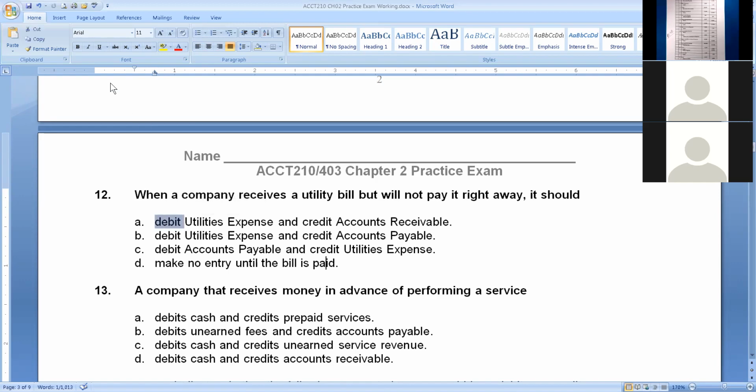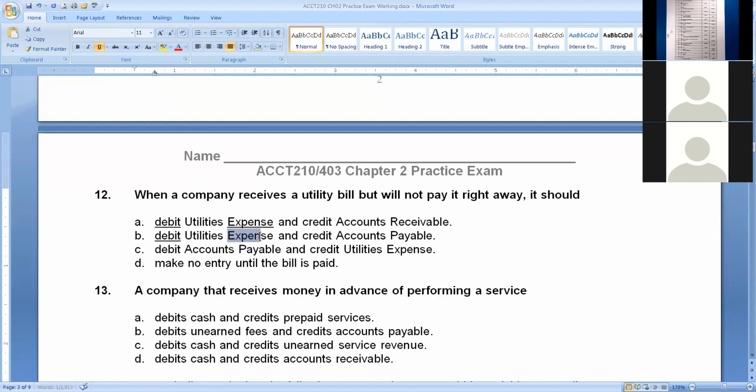So these are the 2 that are in the running. This one, credit utility expense, would only be if they sent you a check. That wouldn't be it. So we're talking about A or B. Debits. So expenses are always debits.